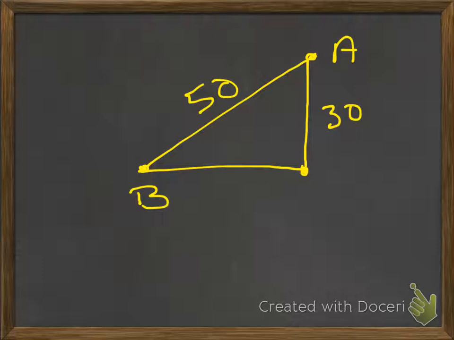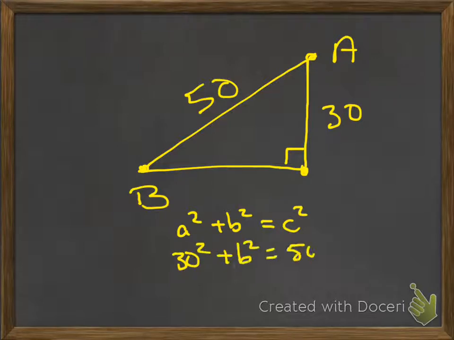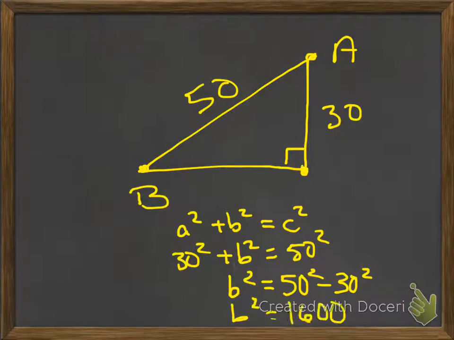If you look at this, you should hopefully start to recognize that this looks like a right triangle, and you could use the Pythagorean theorem, a squared plus b squared equals c squared. So 30 squared plus b squared equals 50 squared. At this point you could type that into the calculator: 50 squared minus 30 squared, and you would get 1600.